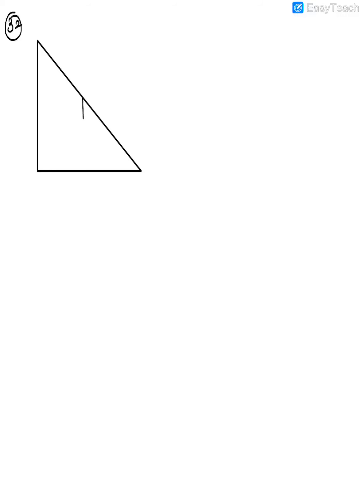Prove that ABC is similar to DEC. So first part is prove triangle ABC is similar to triangle DEC. Then they are saying AB is equal to 6 centimeter, DE is equal to 4 centimeter, and AC is equal to 15 centimeters.